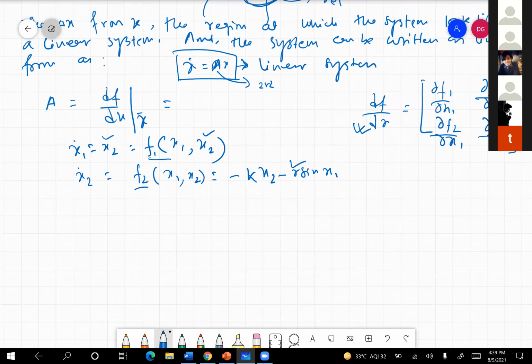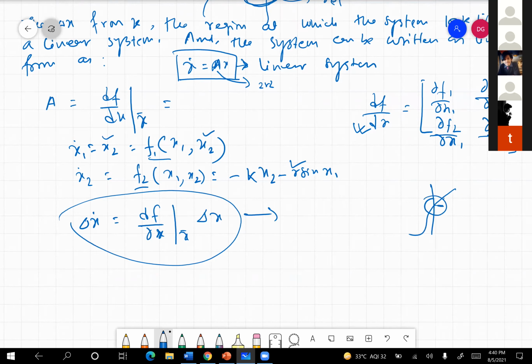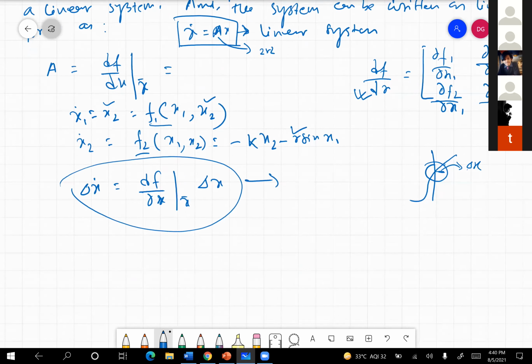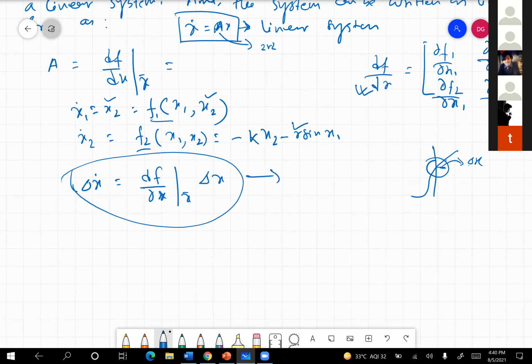This is the system valid in this region. Our delta x is the state, and now this complete system is reduced to this form. If we apply Taylor series, we can find it. I'm not going into how to find it; this is basically a linear system which can be linearized about one of the points.